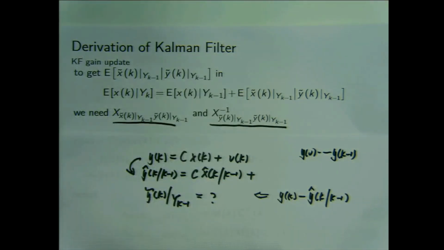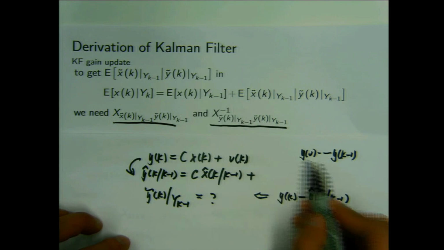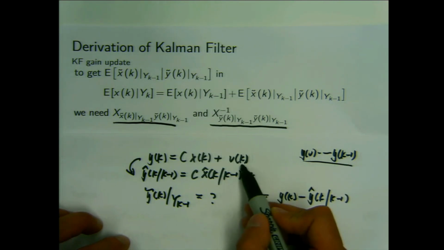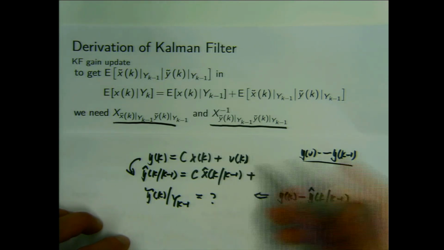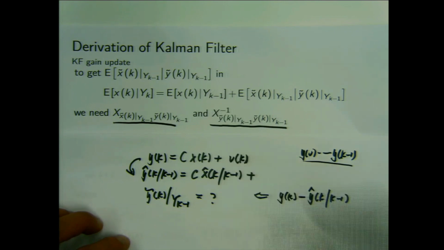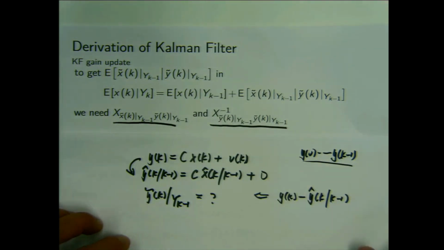So we will not be able to provide any better estimation of v using the measurements up to k minus 1, because this is happening in the future, at time k. We won't be able to have a good estimation of this except its mean value, but the mean value is 0, so this is just 0. It's the assumption at the beginning.